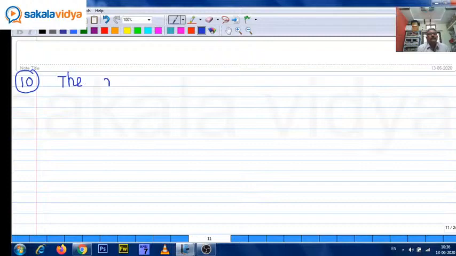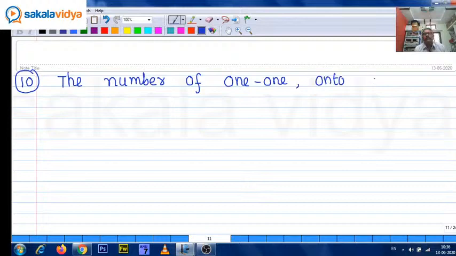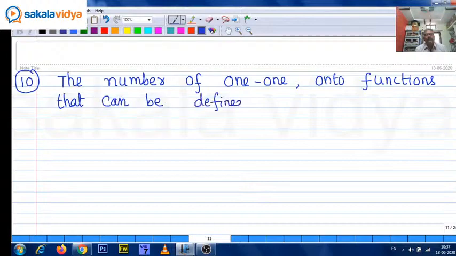The number of one-to-one onto functions, that means bijective, that can be defined from the set 1, 2, 3, 4 to set B is 24.